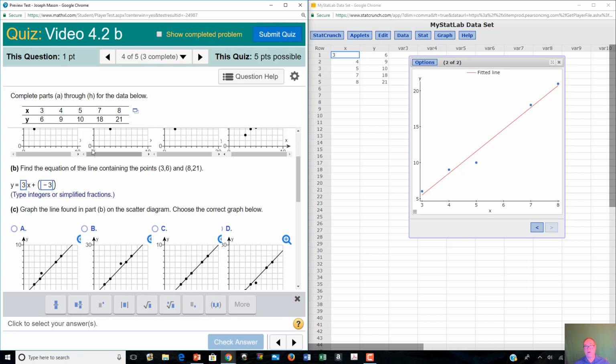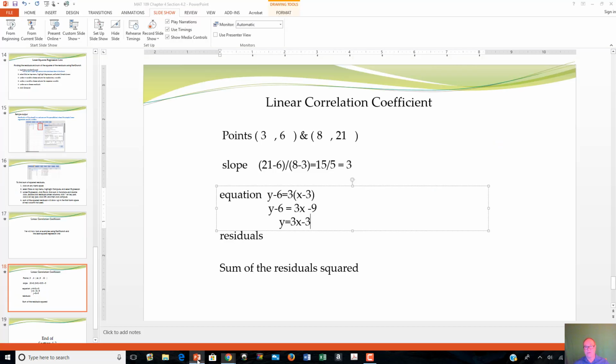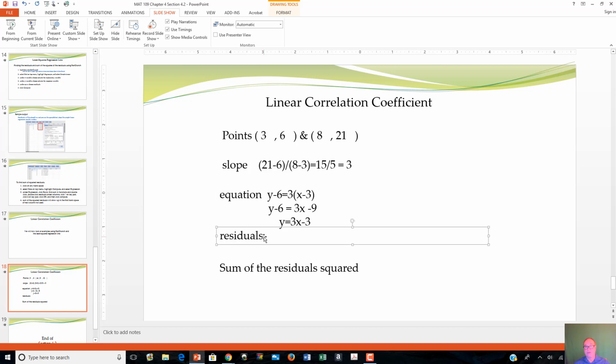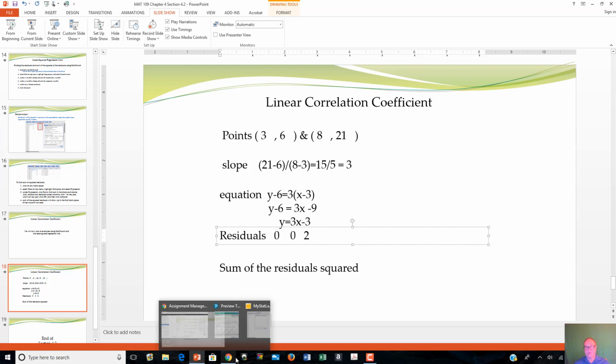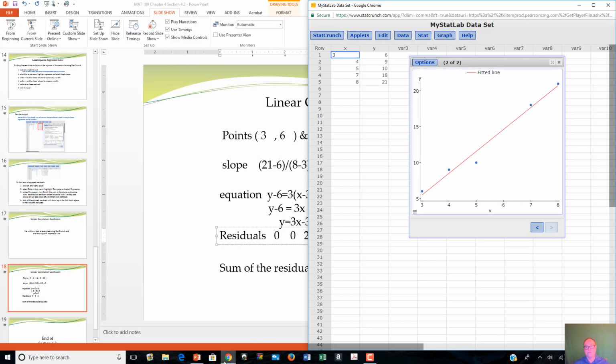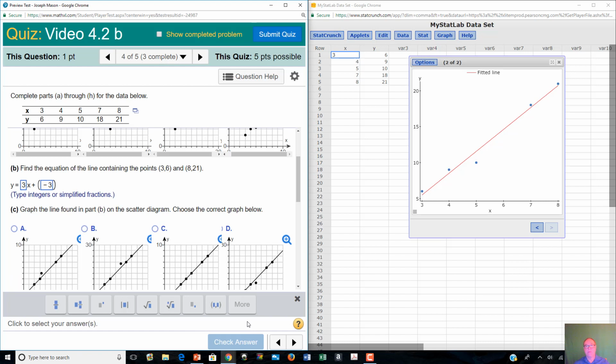If I go over here to what I was doing before, my residuals, the first residual was 0. Second residual was 0. Third residual we said was 2 because we got 12. We got 12 and we had 10, actually it's going to be a negative 2.